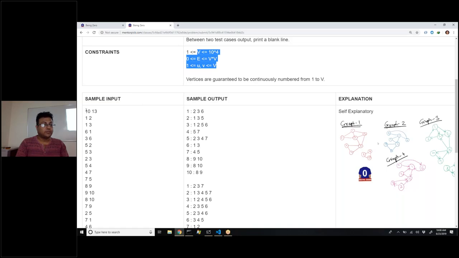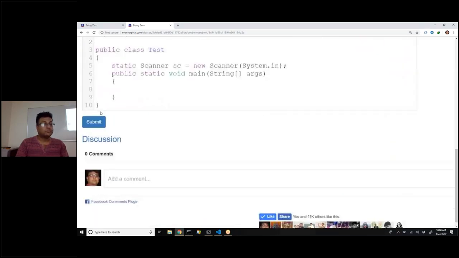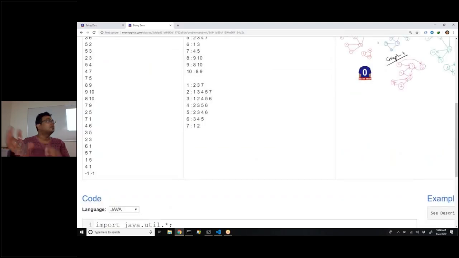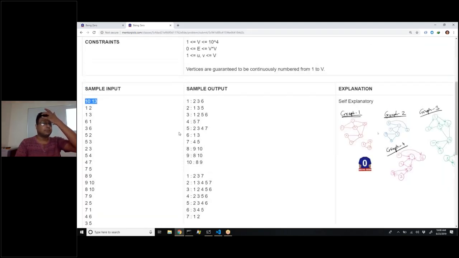So we are clear. We have to read number of vertices, number of edges, declare the graph, and fill the list of the graph, and then we just have to print it out. So just read the problem statement, give it a try, then we will code together also so that we are clear. After this, we will understand the traversals, and then we will do some problems.